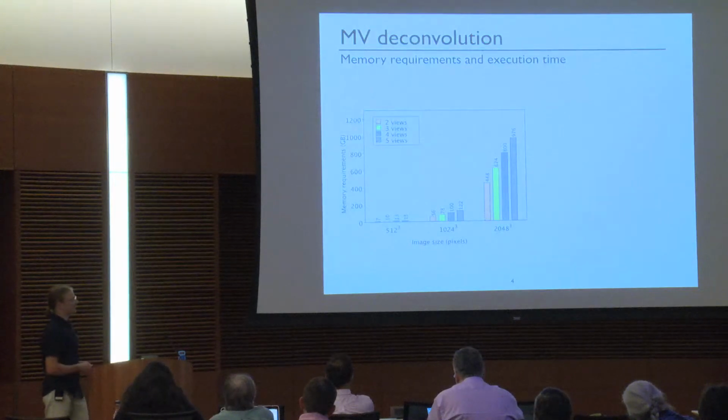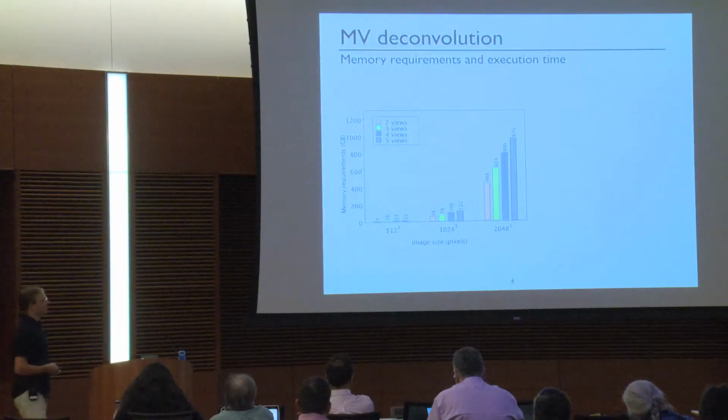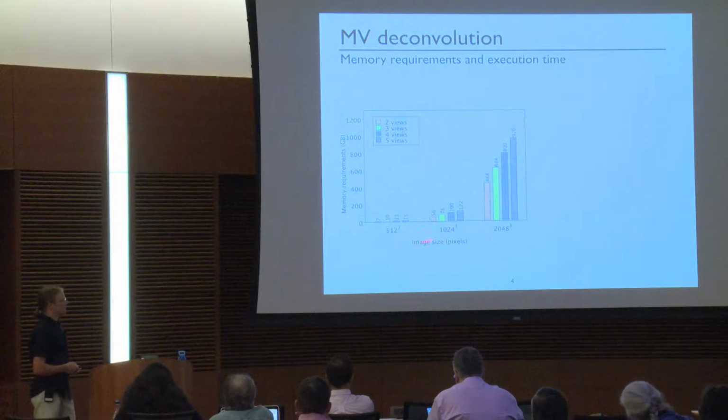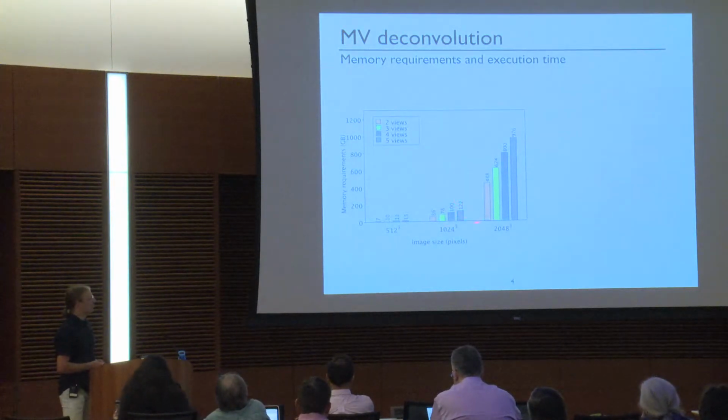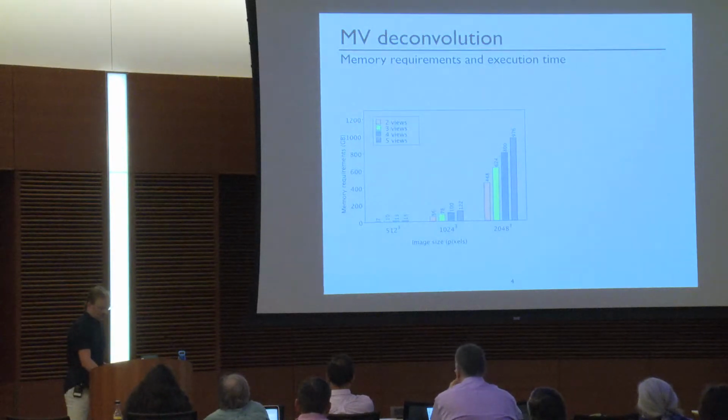These are theoretical values. As you can see, even if it's a mid-sized data set, with 1,000 pixels in each dimension, and we just have, for example, 4 views, we need 100 gigabyte, which is quite a lot.